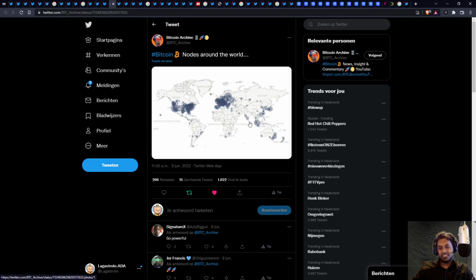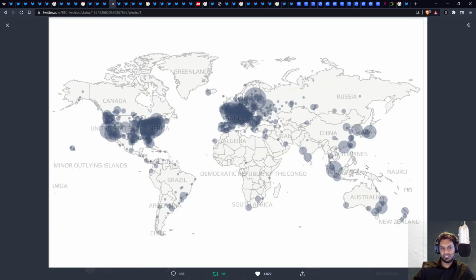All right, let's see. This is a chart that I really like. I wanted to talk about Bitcoin nodes around the world. This chart basically indicates how many Bitcoin nodes are being formed. And I think, from another chart and data, the majority of the miners that were in China are now moving to the United States, because China has been banning Bitcoin a lot, especially mining.